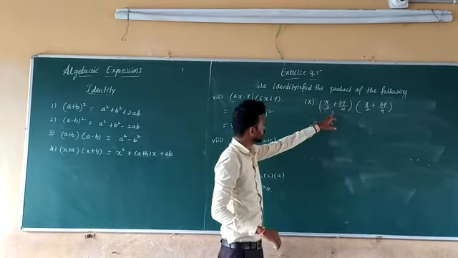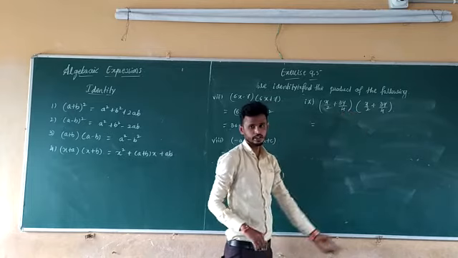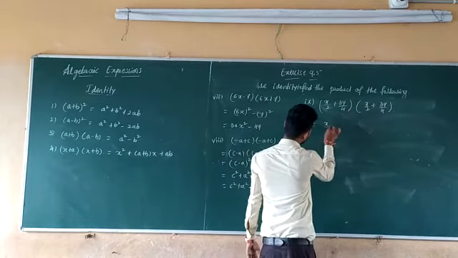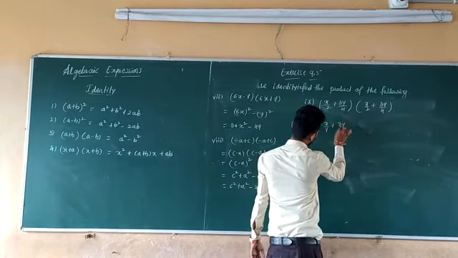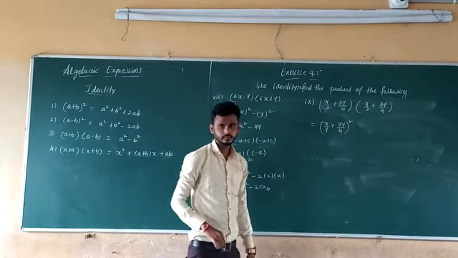These expressions are the same. So what can we write now? x by 2 plus 3y by 4 bracket square.